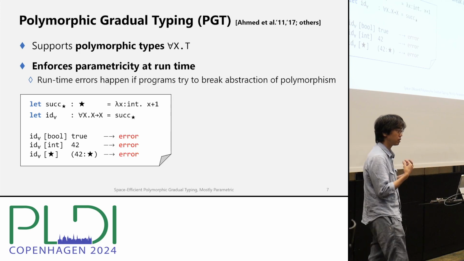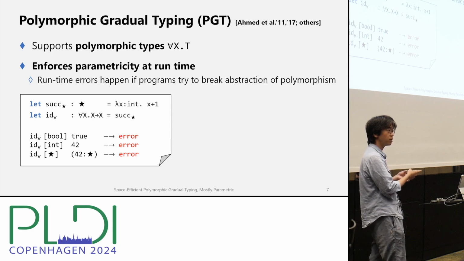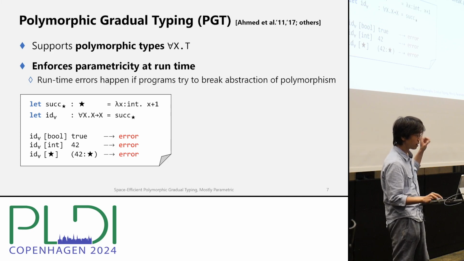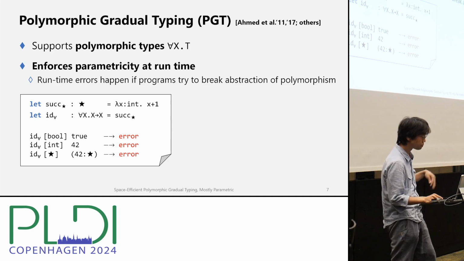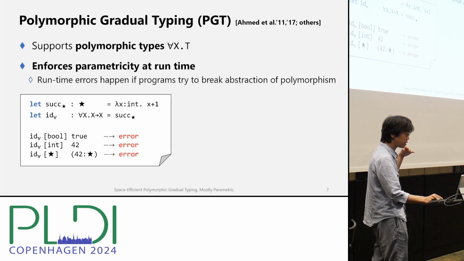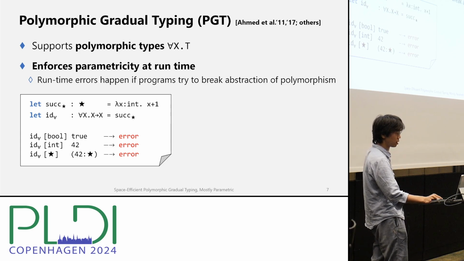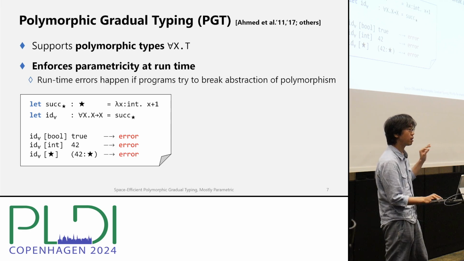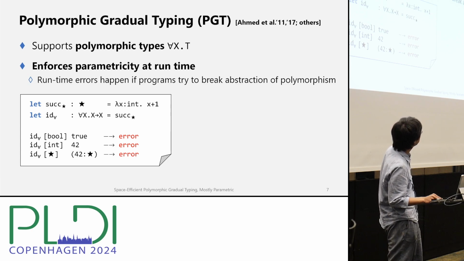But if, for example, the successor function is used as a polymorphic identity function, which is possible by using the dynamic type, then the behavior of the successor function depends on the argument. So then the runtime enforcement of parametricity ensures that, when this function accesses concrete values of the argument, a runtime error happens. So it can prevent argument-dependent behavior.